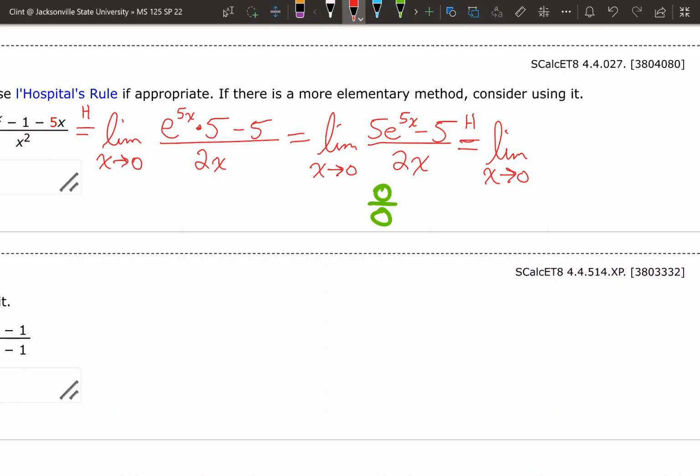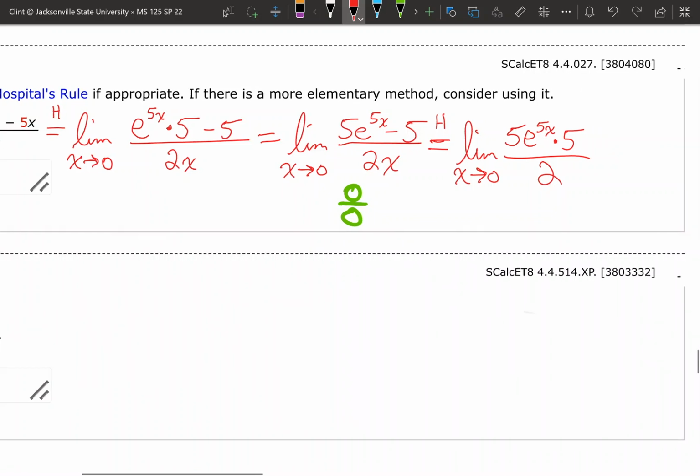So the derivative of 5e to the 5x is 5e to the 5x times 5. That's a chain rule. The derivative of negative 5 is 0, so that goes away. The derivative of 2x is just 2.